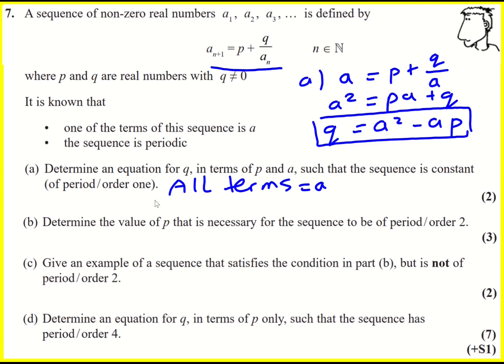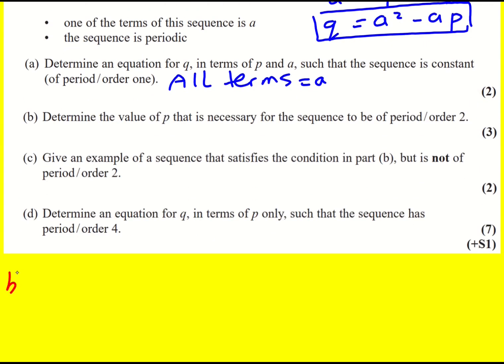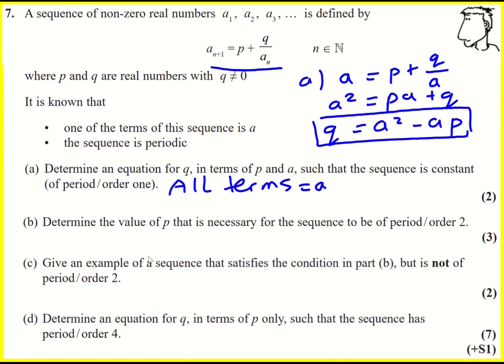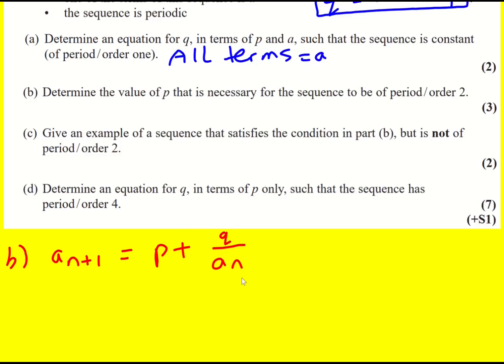Part B then steps things up in asking to determine the value of p that's necessary for the sequence to be of period or order 2. That means every other term is going to be the same. And so let's first of all work out the recurrence relation. We've got a_(n+1) equal to p plus q over a_n.